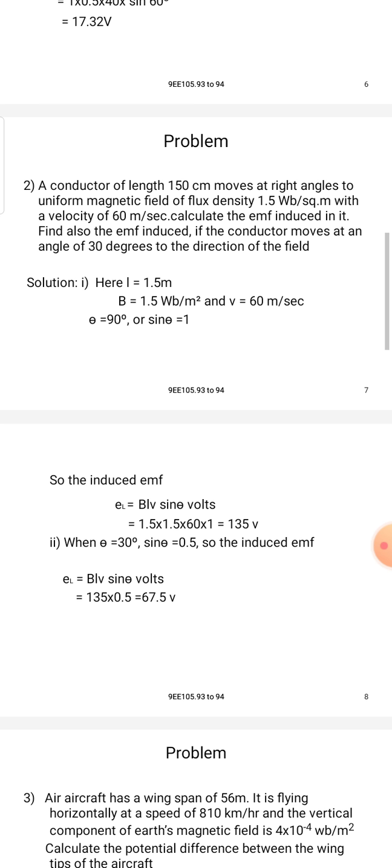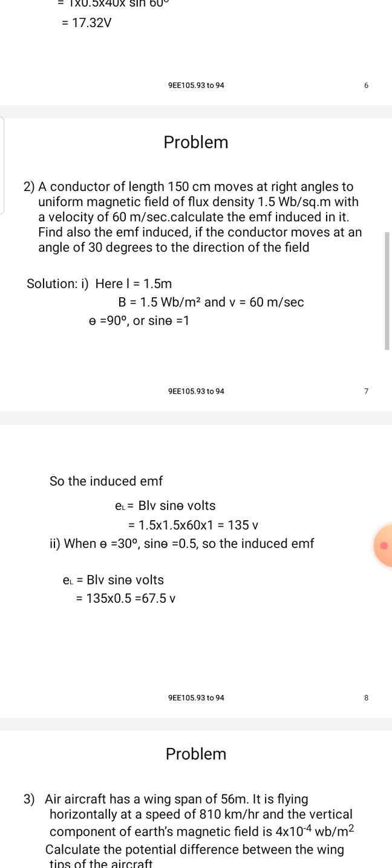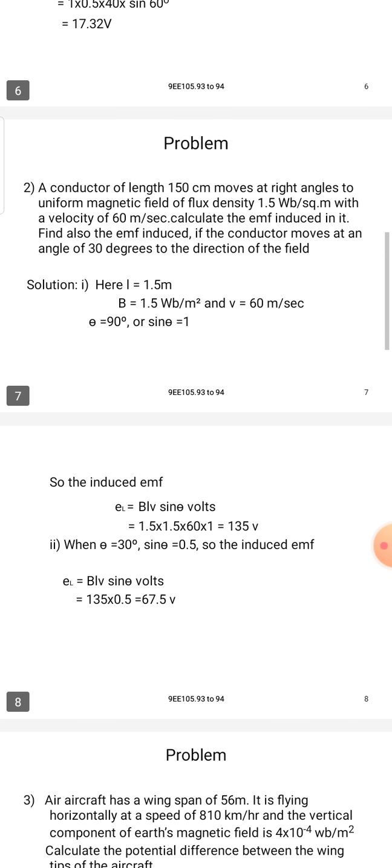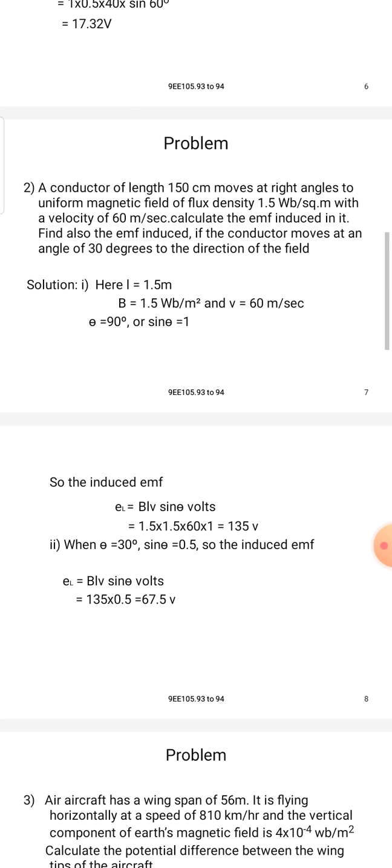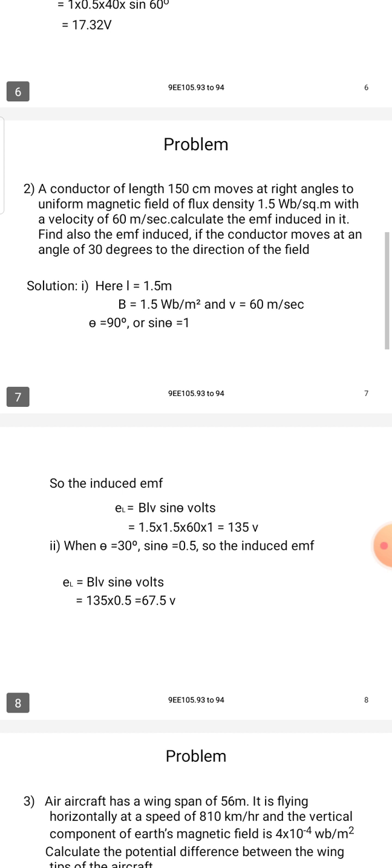The conductor is moving at a right angle to a uniform magnetic field of flux density 1.5 Weber per square meter, with a velocity of 60 meters per second.